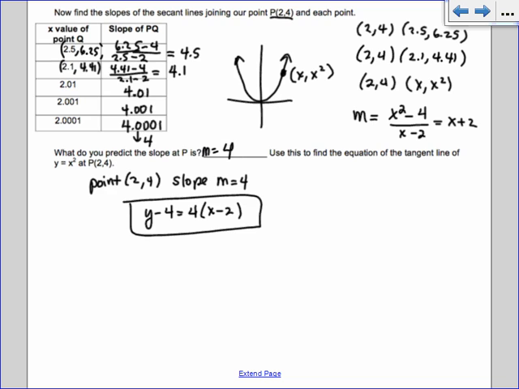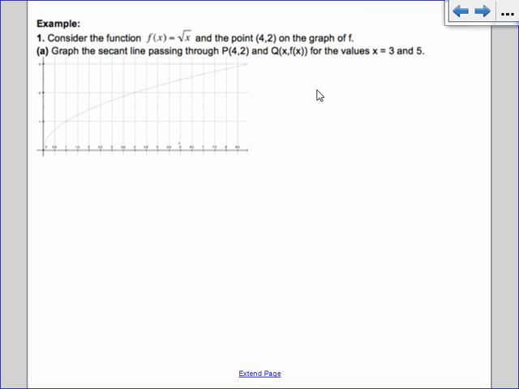All right. So same thing on this. We have y equals the square root of x now. If we have the square root of x, we want to talk about the point 4 comma 2. It says graph the secant line passing through 4 comma 2, so point P, and point Q, which is going to be 3 comma root 3.